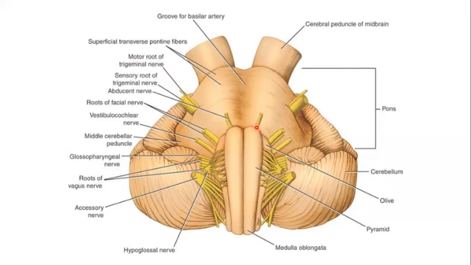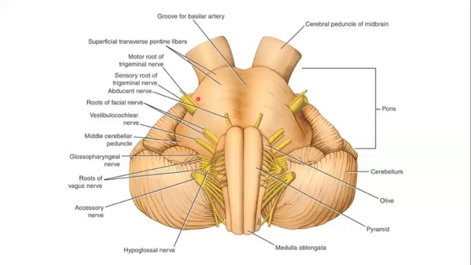Then we move to the inferior sulcus, the inferior border, where there are three other cranial nerves lying from medial to lateral. This is the sixth, the abducens. This is the seventh, the facial, again with a sensory and a motor component. The medial is always the motor one, so sensory is on the lateral side.